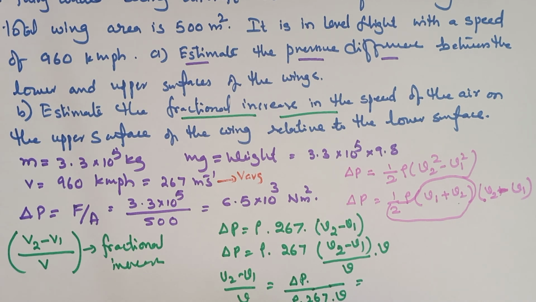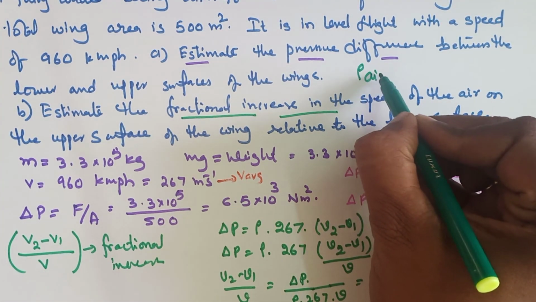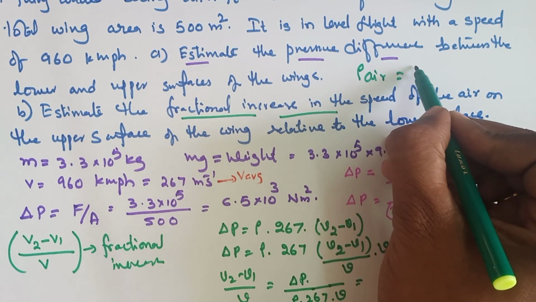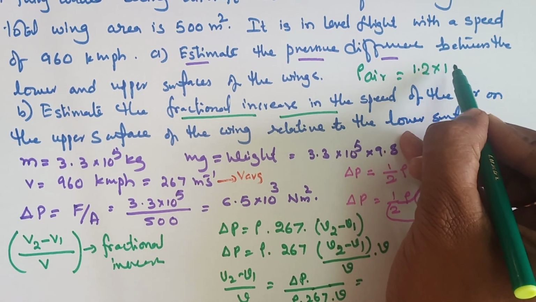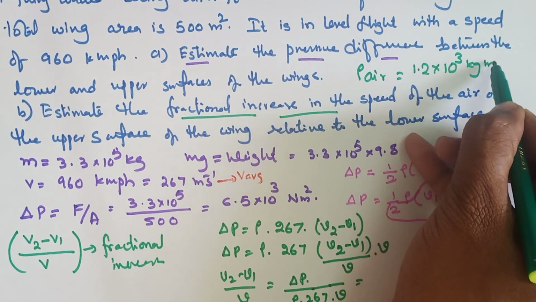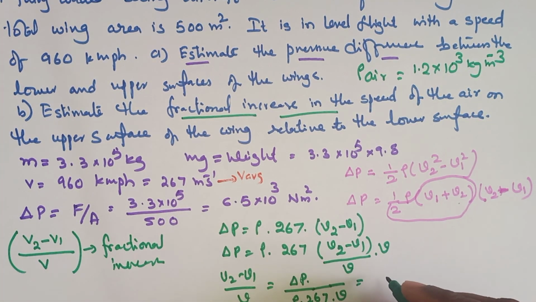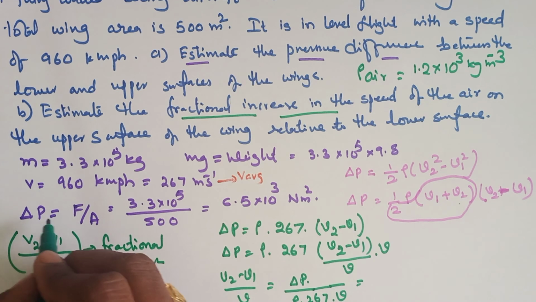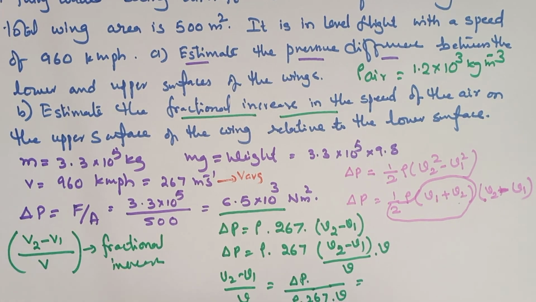Rho is the density of the air, which is approximately 1.2 kg per meter cube. Substitute all: delta P is here, rho is here, 267, and V is also 267. Now substitute and you will get approximately 0.08.